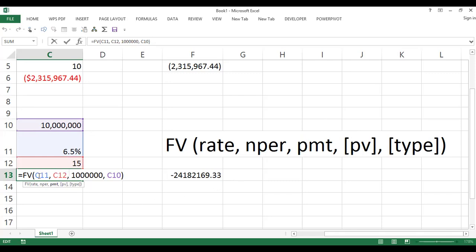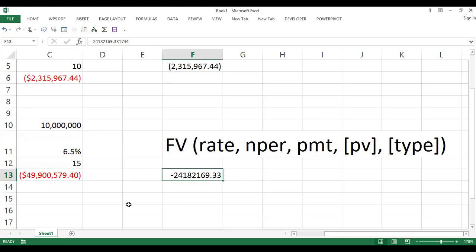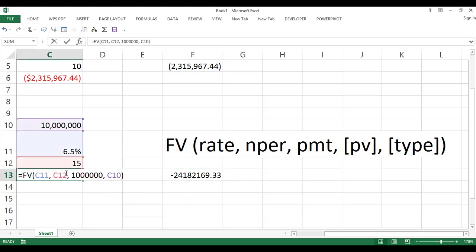That's the rate. That's the number of periods. This is what you are paying every month plus the initial lump sum of 10 million at the beginning. That's why it's now so big, much bigger than what we got before. Do you understand? So by stopping here, it means we are not using this at all.